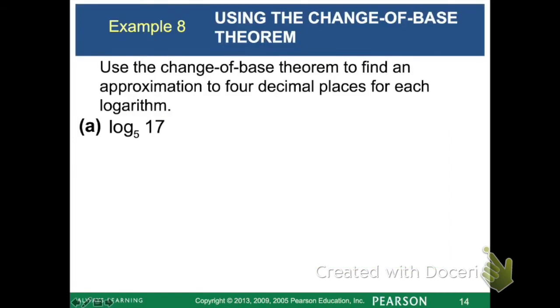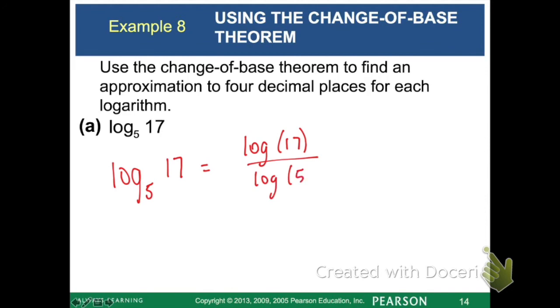Example 8, part A, we're going to evaluate log base 5 of 17. So again, looking at our calculators, we can't use the log or the ln button to evaluate this because it's base 5. So what we're going to do is use change of base. The 17 is going to go in the numerator and the 5 is going to go in the denominator. So we've got log of 17 divided by log of 5.